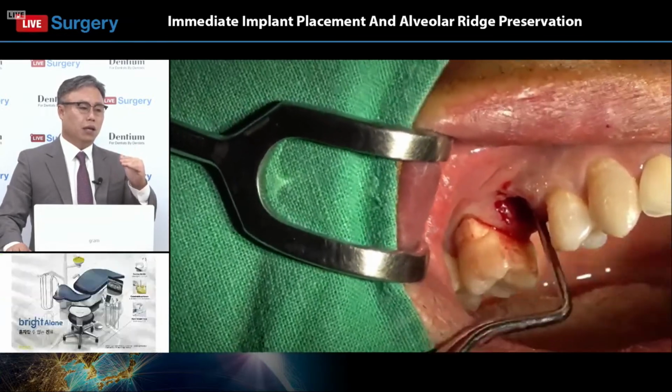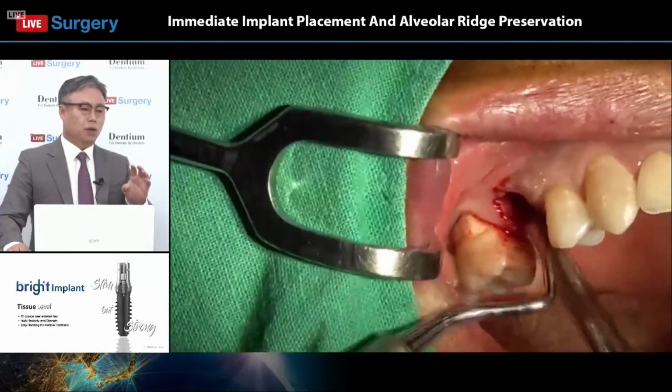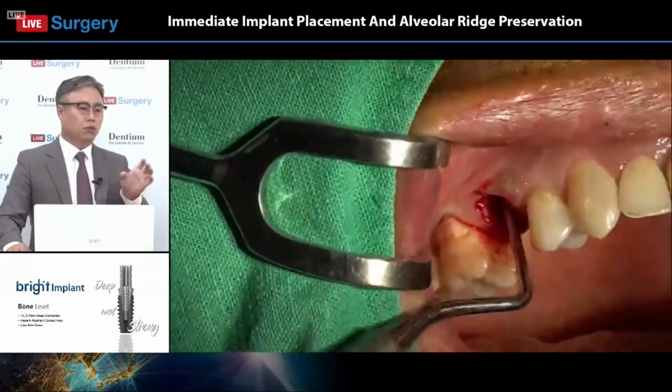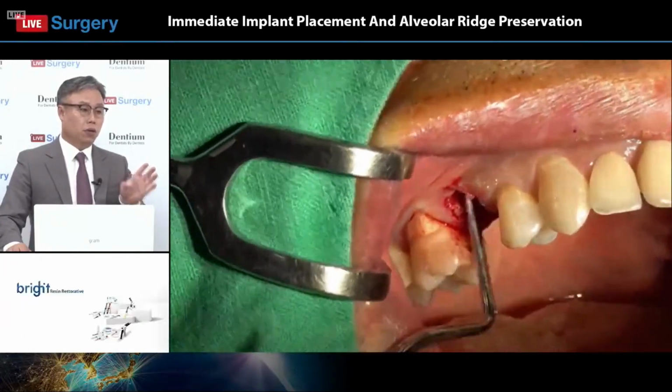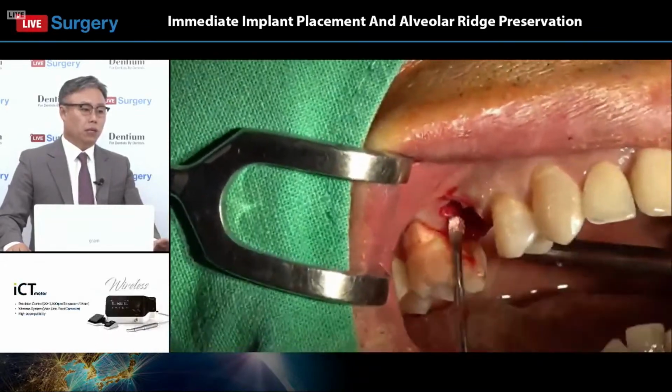There was no periodontal disease. This tooth is extracted because of a root fracture, a crown fracture. Therefore, the alveolar bone and periodontal condition is really good, so we don't have to worry about the palatal side.